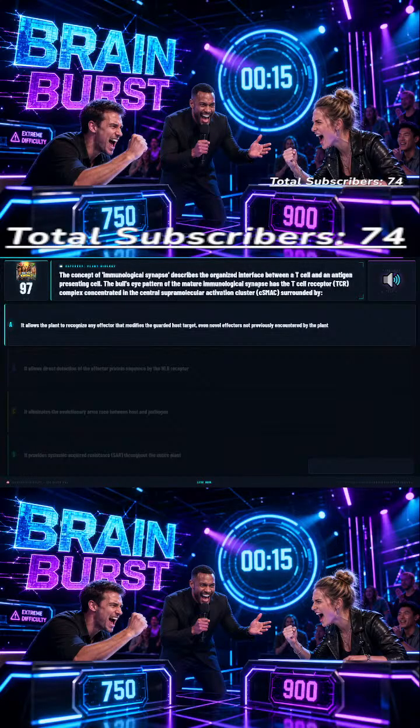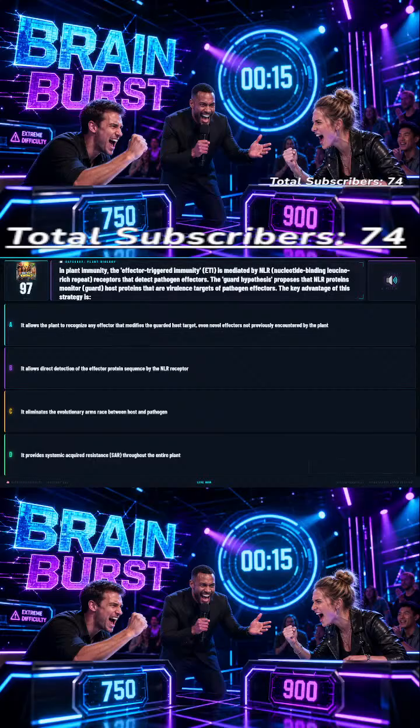Question 97. In plant immunity, effector-triggered immunity, ETI, is mediated by NLR, nucleotide-binding leucine-rich repeat, receptors that detect pathogen effectors. The guard hypothesis proposes that NLR proteins monitor, or guard, host proteins that are virulence targets of pathogen effectors.